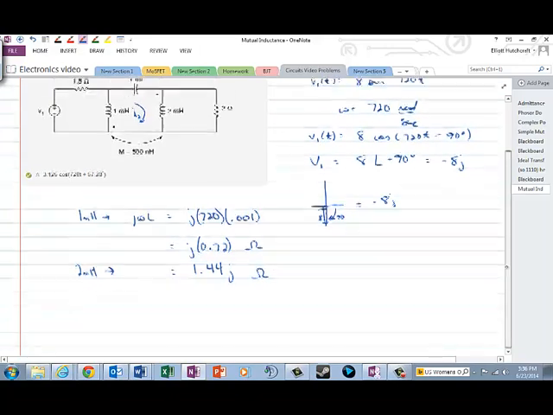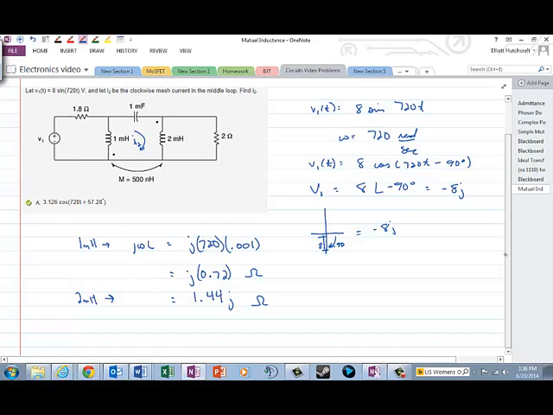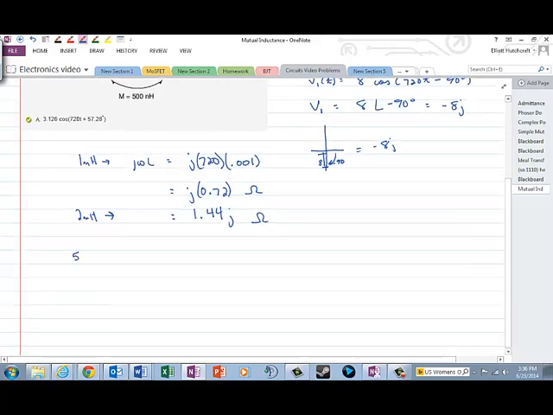Then we've got the two mutual inductance terms, which are 500 nanohenries. That term is the M term, so we need j omega M, which is j times 720 times 500 times 10 to the minus 9.